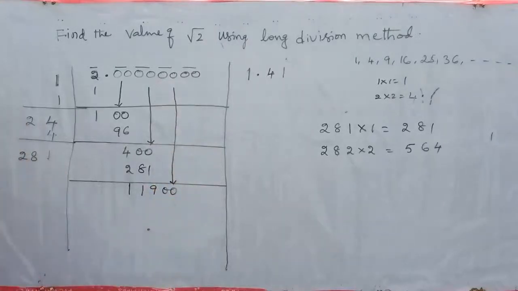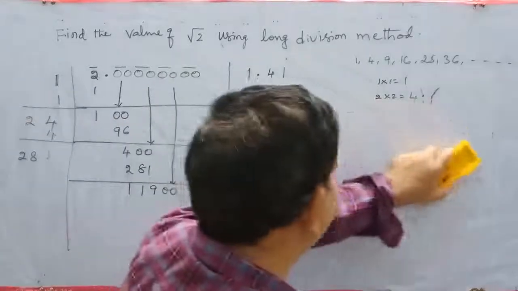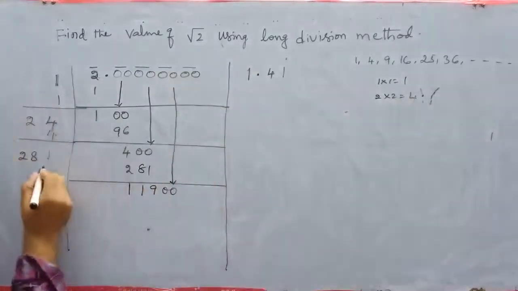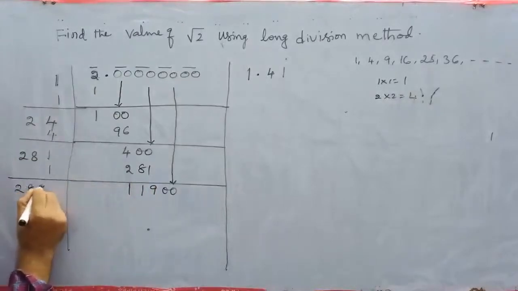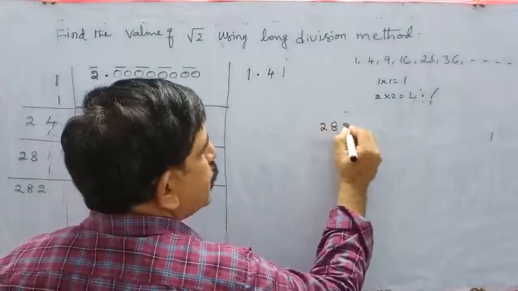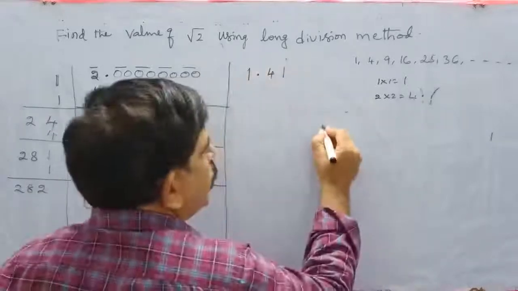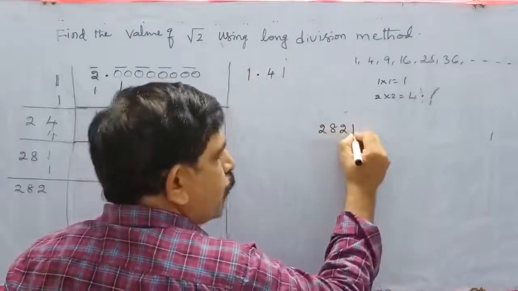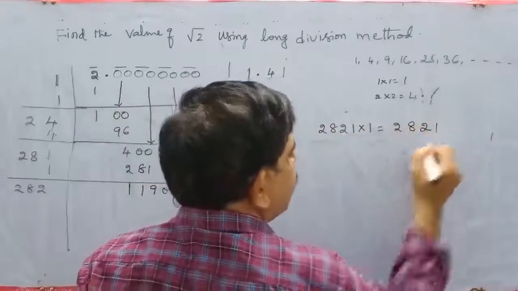Okay, now here we have, double this one, 282. Okay, 282 into 1 into 1, so that is 2821.